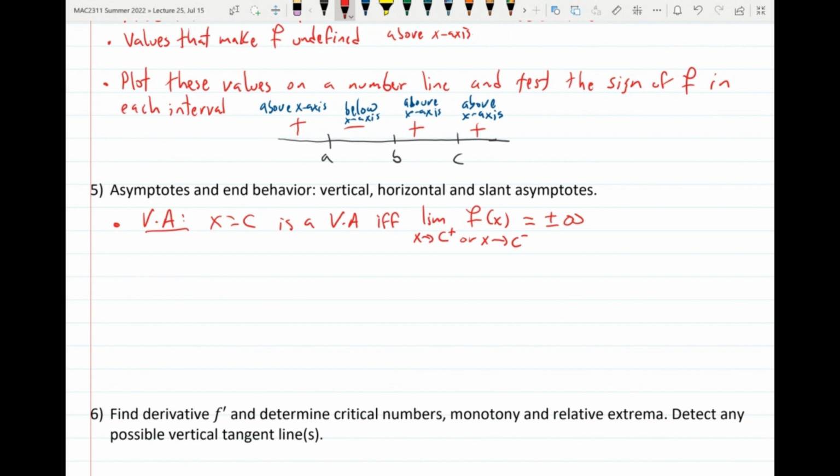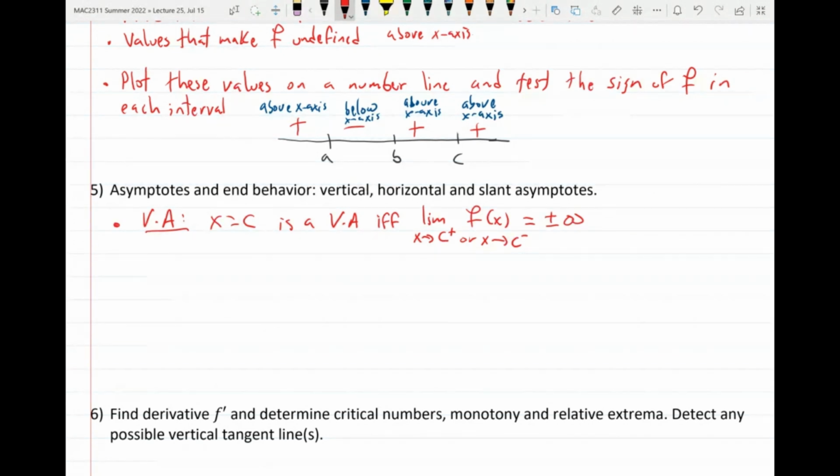In other words, if when you approach c from at least one of the sides, the values of the function grow or decrease without bound, going up all the way or down all the way, meaning positive or negative infinity, then you know that you are in the presence of a vertical asymptote.